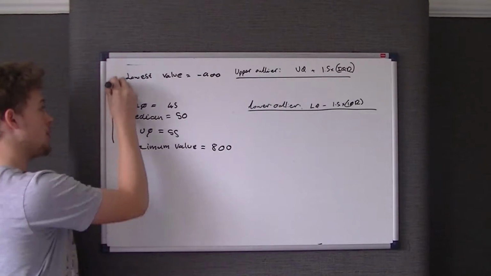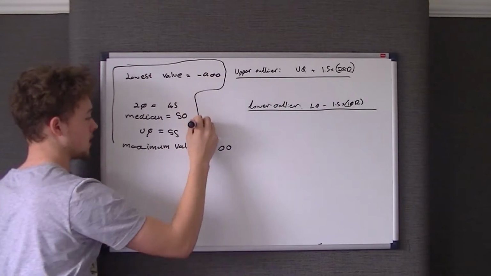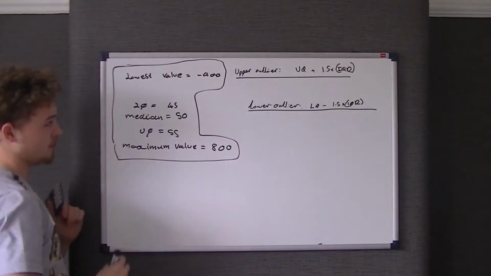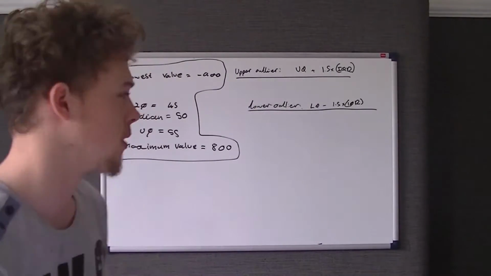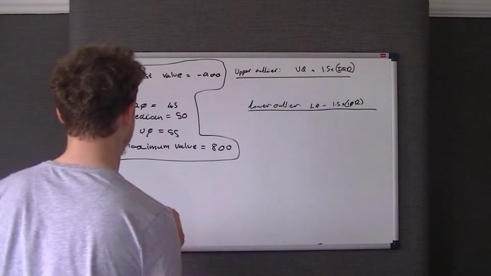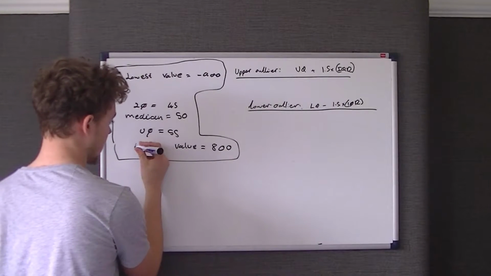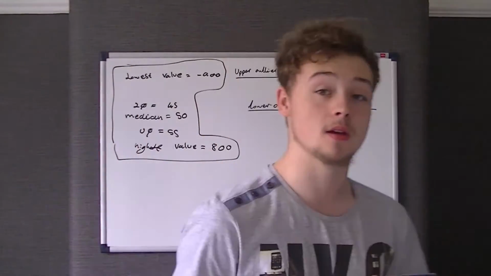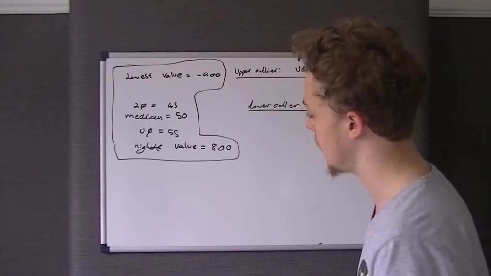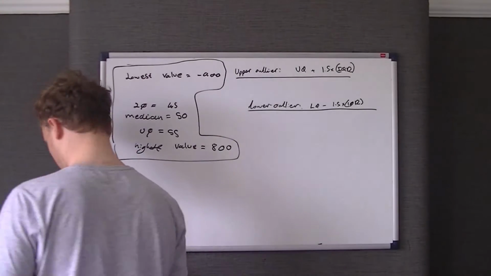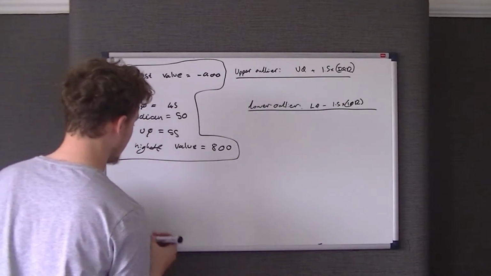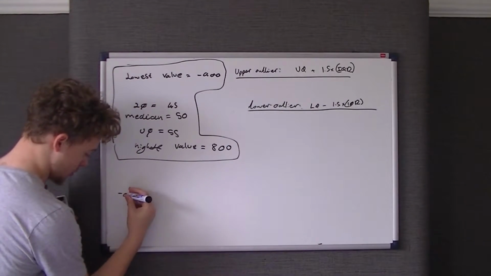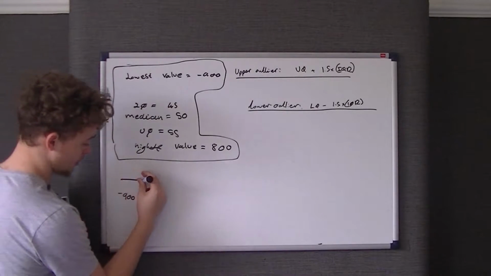Obviously you'll be looking at this thinking, those two maximum recorded values look a bit weird, to be honest. The lowest value and the highest value recorded seem very, very far away from the median. So let's just draw this as a box plot initially without doing the outlier test. It starts at minus 900 because that's the smallest recorded value.